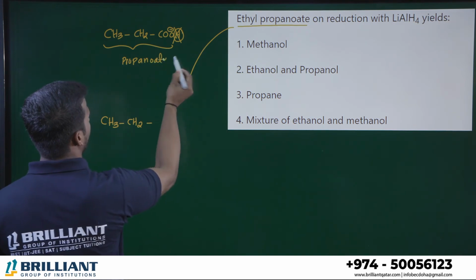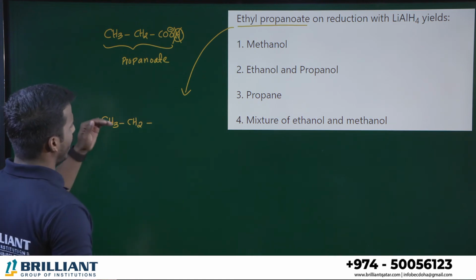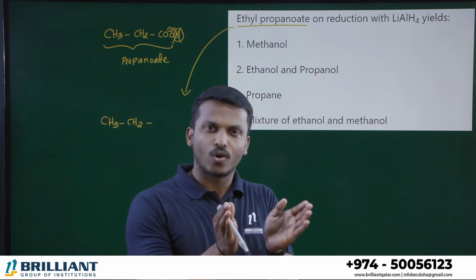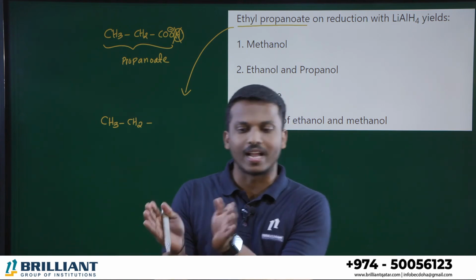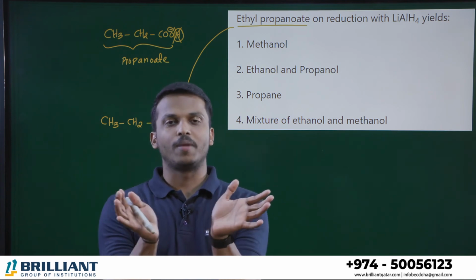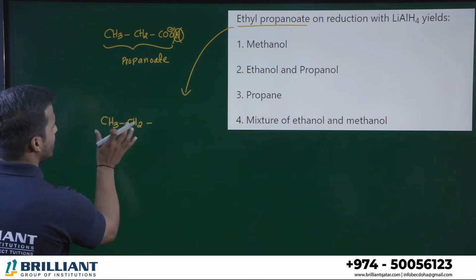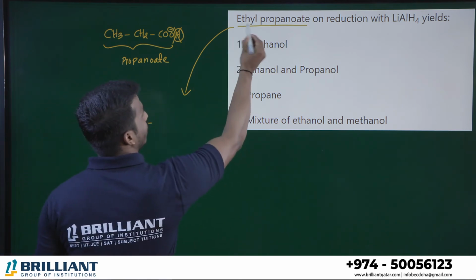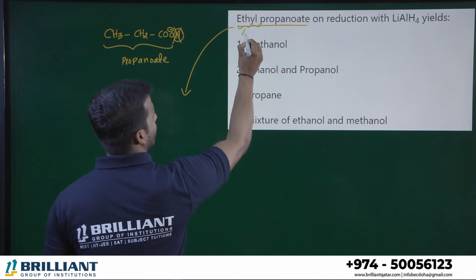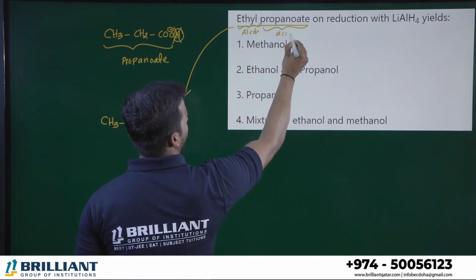Propanoate. Right? Do you know how you can prepare an ester from an alcohol? When an alcohol reacts with a carboxylic acid, water is eliminated and the remaining chains connect, and you will get an ester. In an ester, the first part represents the alcohol part and the second part represents the carboxylic acid part.